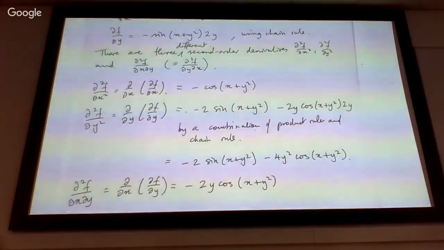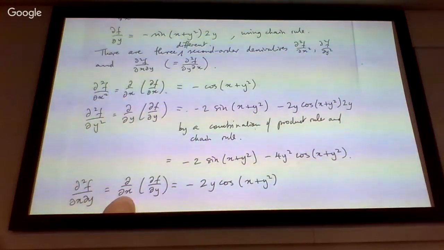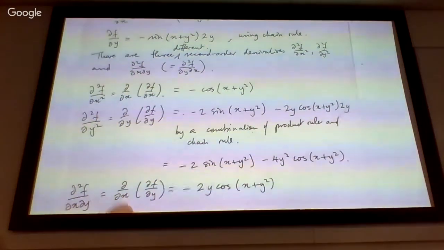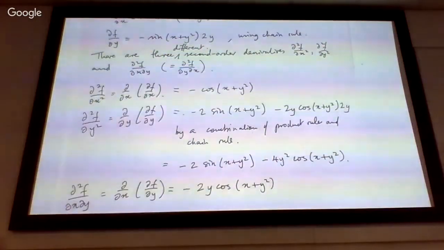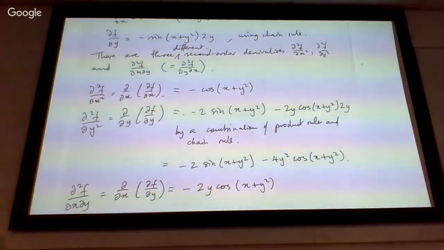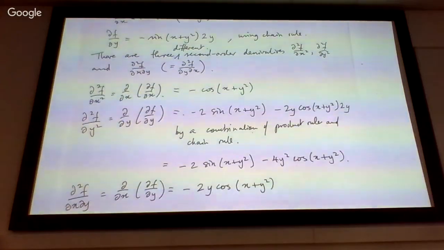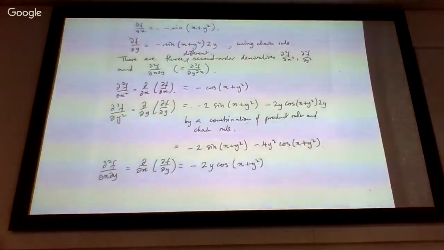With nothing further required from the chain rule, because the differentiation we're carrying out here is with respect to x. So the derivative of the sine of the bracket is just going to be cosine of the bracket. Okay. So that more or less is all that's required for part A.